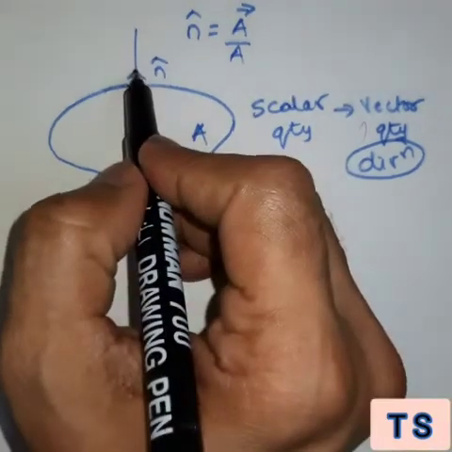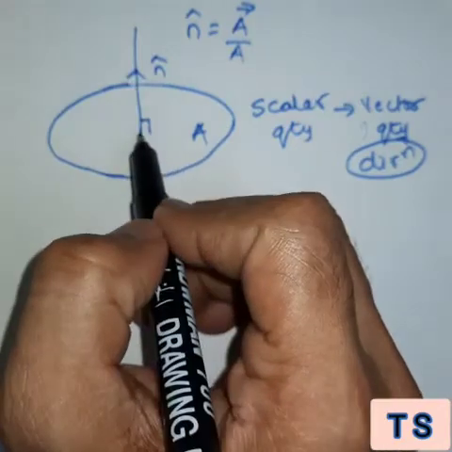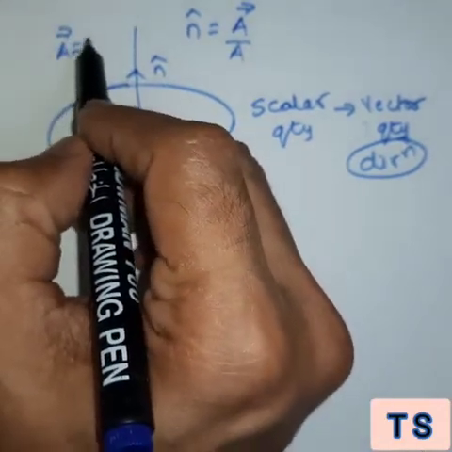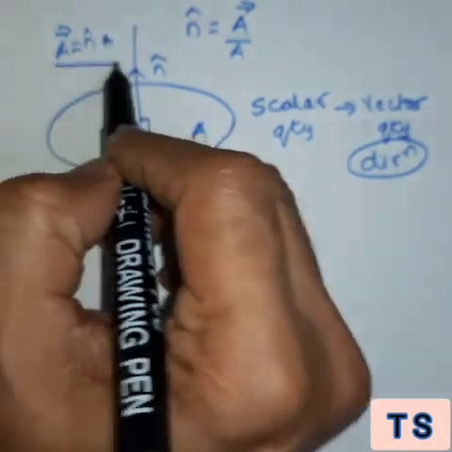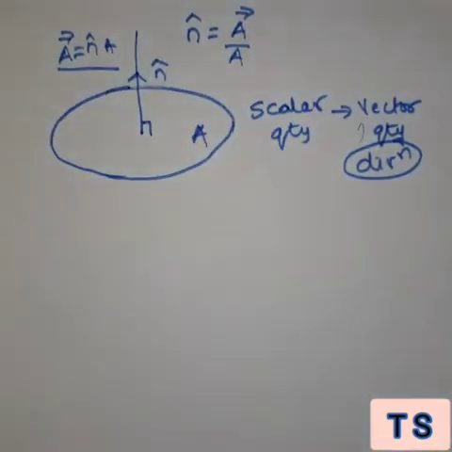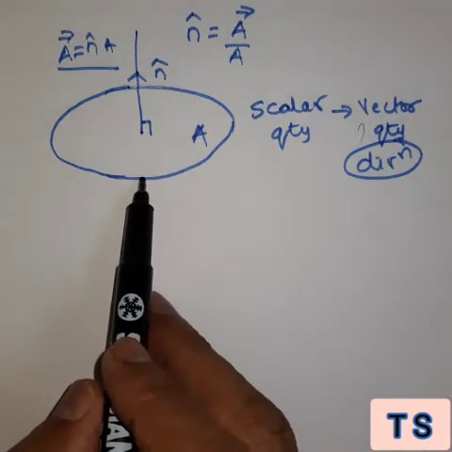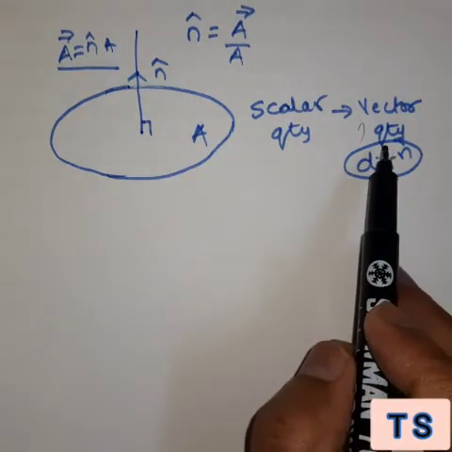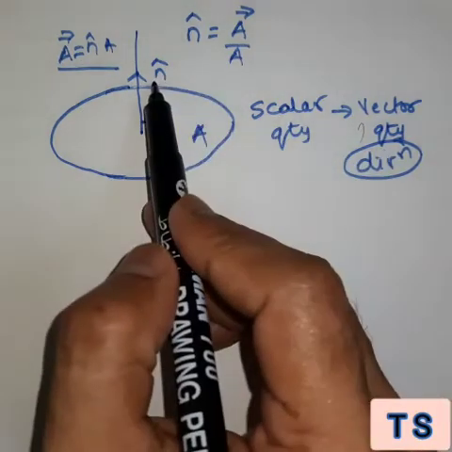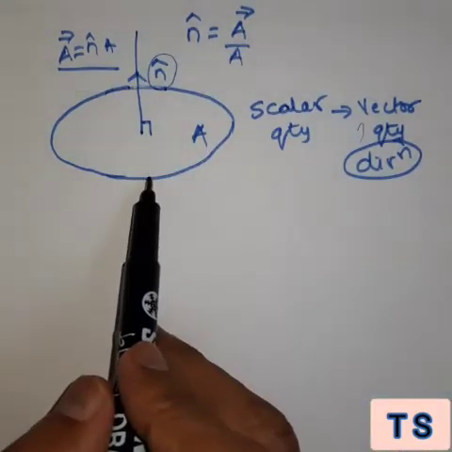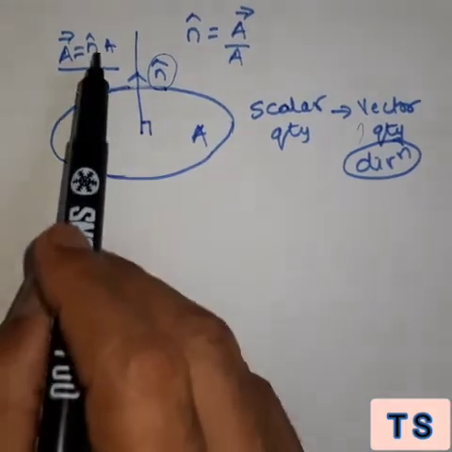Therefore the vector A is equal to n cap A. So I made this scalar quantity a vector quantity by defining the direction and converting the scalar quantity into the vector quantity.